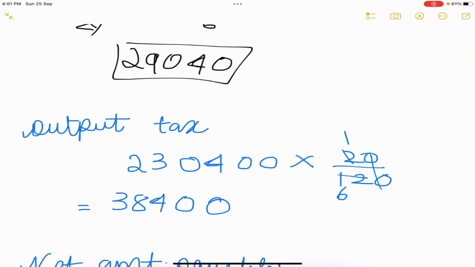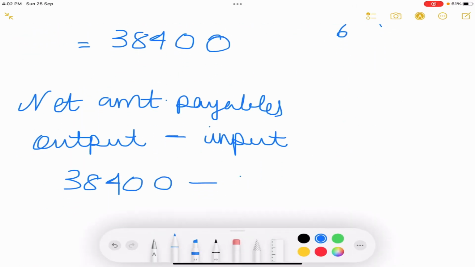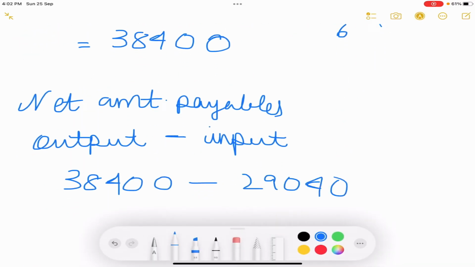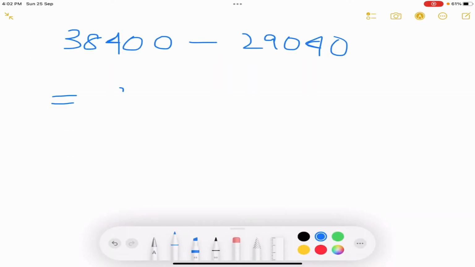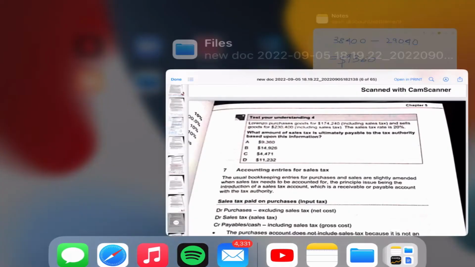And what was the input tax? 29040. So it is 9360. So the answer, let's go back to the question and see if we have it.